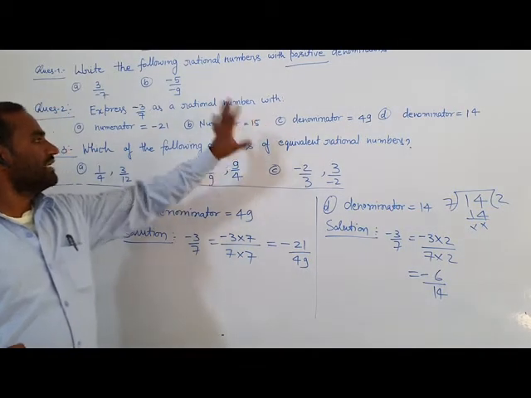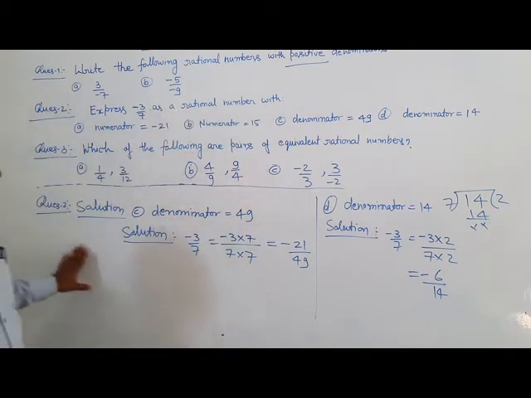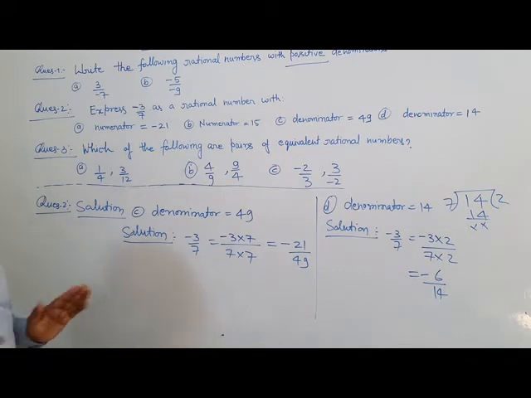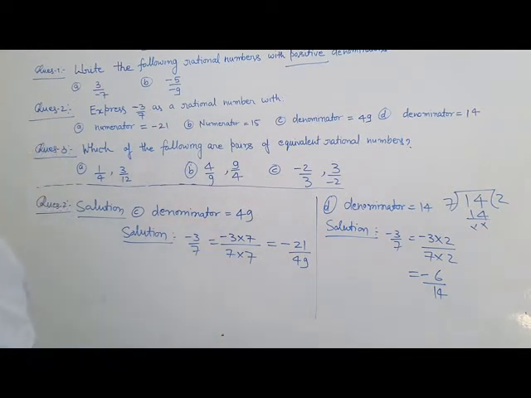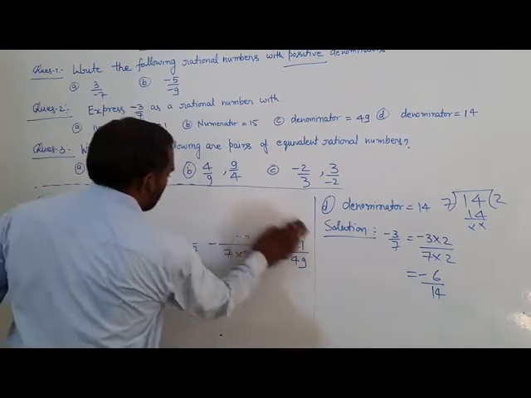Now this way you have to change the numerator and denominator. You can take the help of this video and solve many questions related to this. Now we have to solve question number 3.